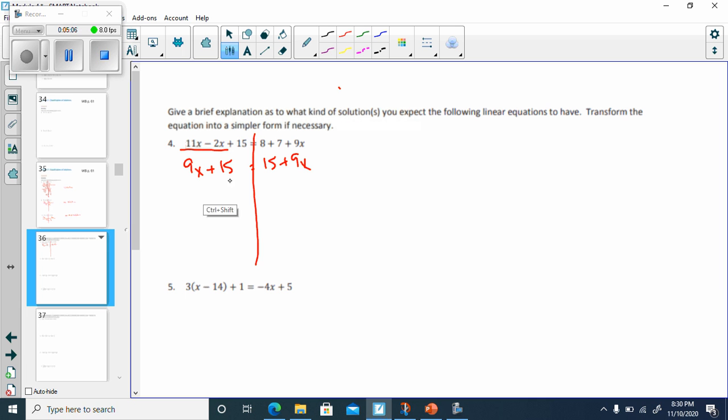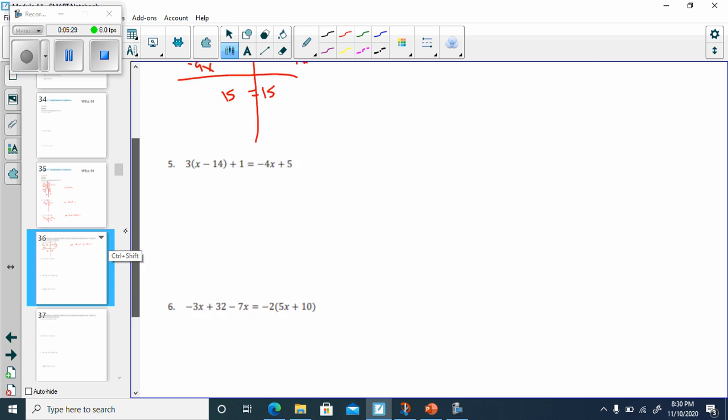This equation is exactly the same on both sides. So that means I'll have an infinite number of solutions. Just to prove that, let's subtract 9x from both sides. And I've got 15 is equal to 15. And that means we've got an infinite number of solutions. That's a is equal to a. Let's look at the next one.